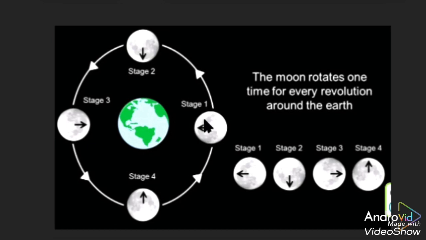Now consider these 4 positions, position 1, 2, 3, 4 of the moon around the earth. As you see, since we always see one side of the moon, these are the same side, these are the same side.